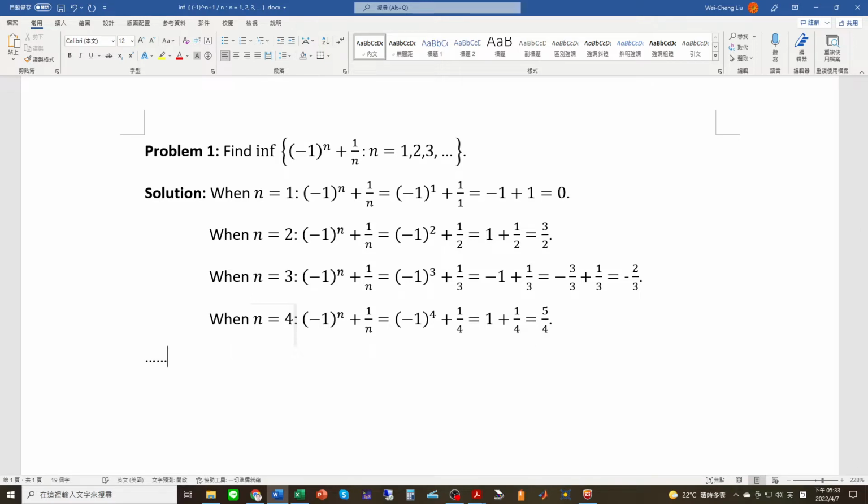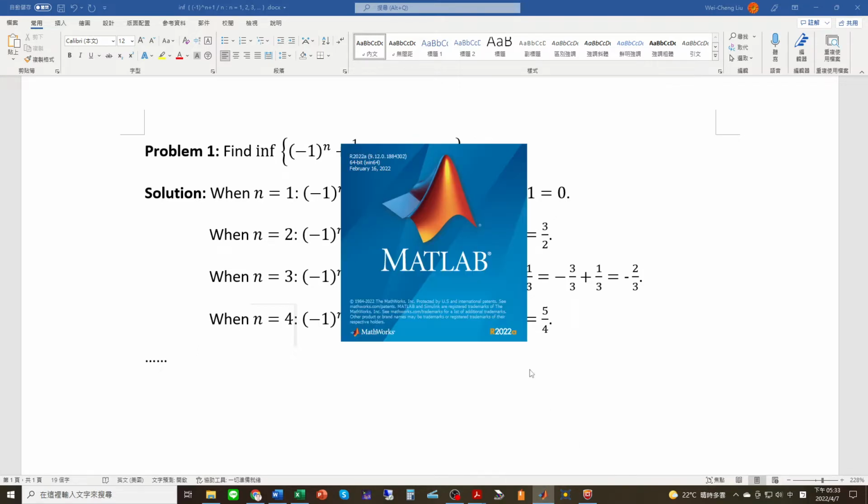Then what is the answer? We can use MATLAB to help us find the answer.